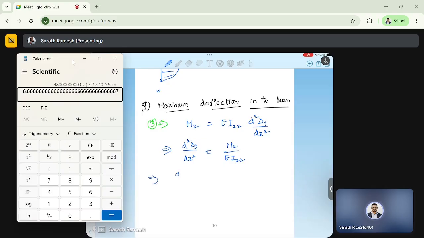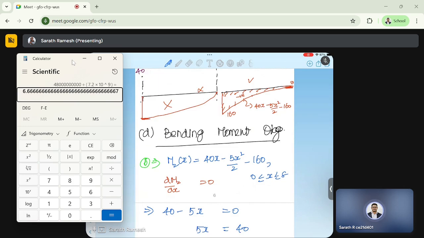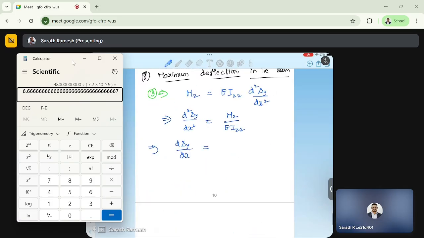Integrating on both sides, we get d delta y by dx equal to Mz of x, which is 40x minus 5 by 2 x square minus 160, divided by E times I. The values we'll substitute at the end, no need to do it now.